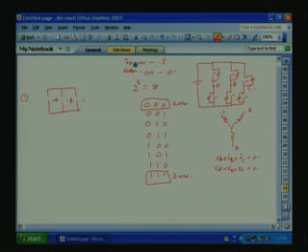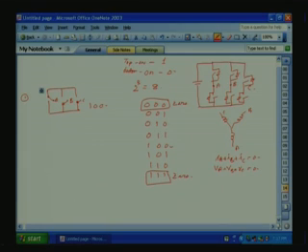Now, ABC, let us start with 1, 0, 0. 1, 0, 0 means the A phase will be connected to the top. B and C will be connected to the bottom switch, that means the bottom device is on. This is 1, 0, 0.